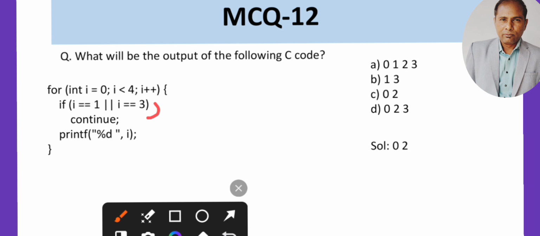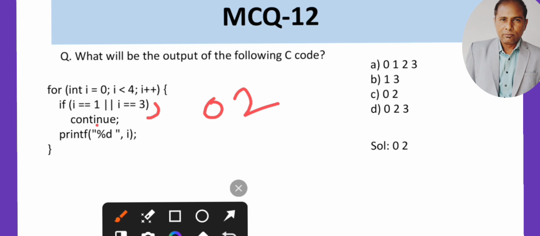So i is 0, fine, it will print 0, and then i will become 1. 1 will not be printed since it is with the continue. Then i will be incremented by 1, i will become 2, and 2 will be printed. So it will print 0, it will print 2, and again it will increment i by 1, it is 3, and at 3 continue is written, so it will not print.